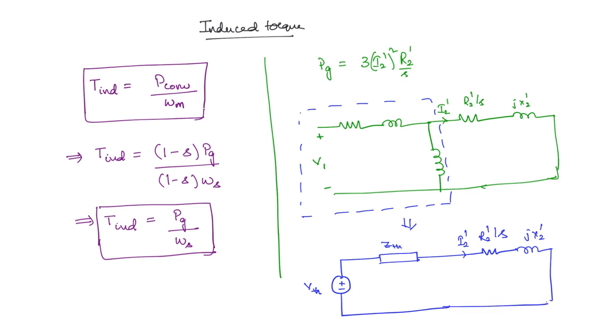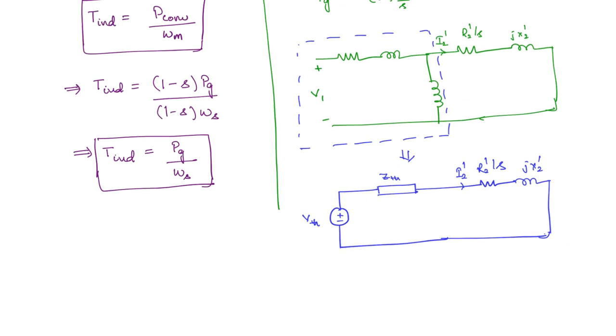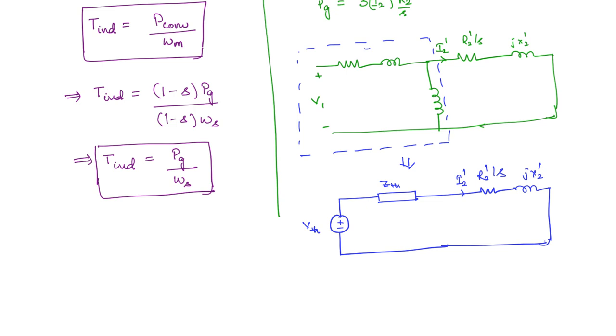So what will be the value of this VTH? If you take R1 plus jX1 as Z1, and this is jXm, then VTH will be equal to jXm divided by (R1 plus jX1 plus jXm), into the voltage V1. This is the Thevenin's voltage. And what about the Thevenin's impedance?